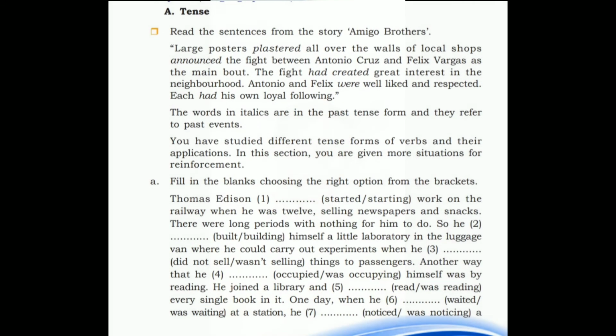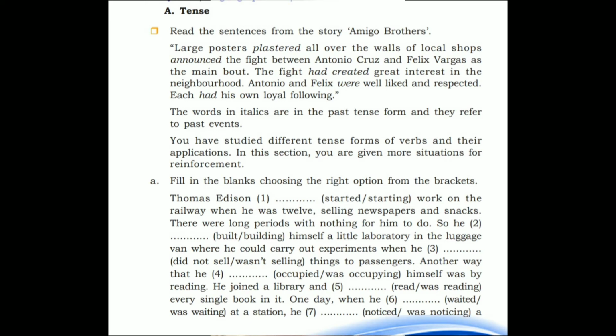We have different types of tenses: present, past, future. So here a situation, a paragraph, you can see some sentences in different sections. So here you have to complete using the correct form of the verb given in the bracket.